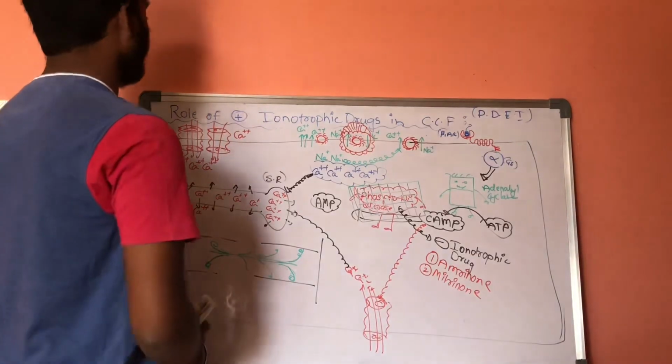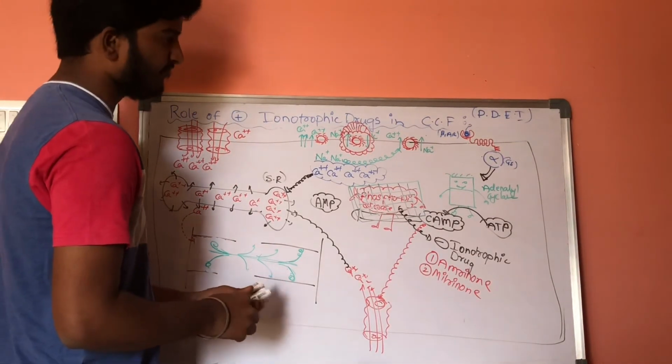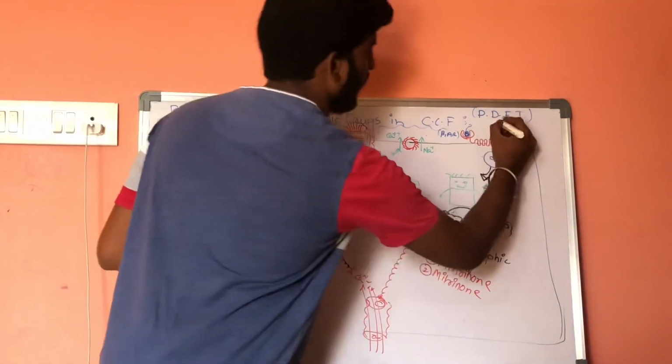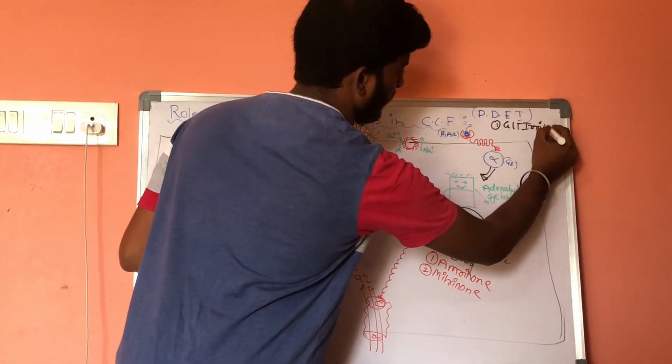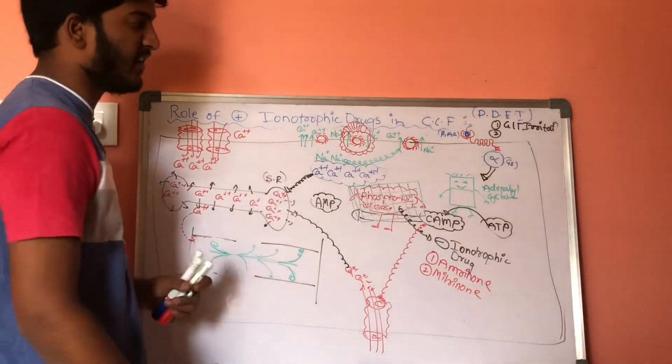Now, let us discuss the side effects of the positive inotropic drug digitalis. The first side effect is GIT irritation, that is gastrointestinal irritation.